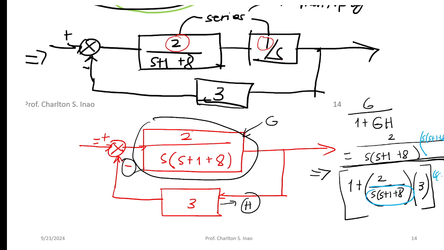So simply we can eliminate this because one is in the numerator and the other is in the denominator. So they are the same. So it will be equal to 1.